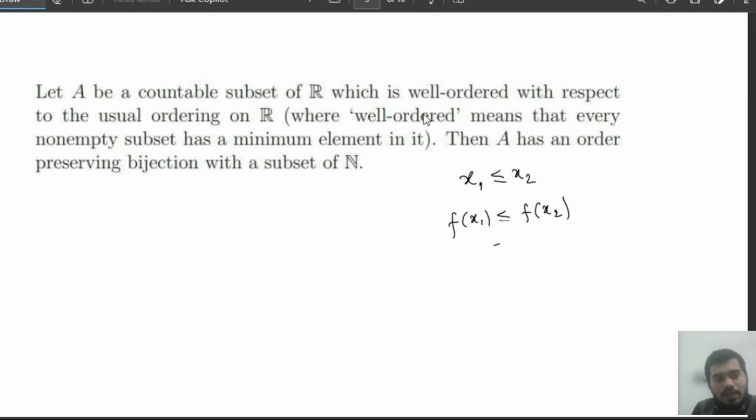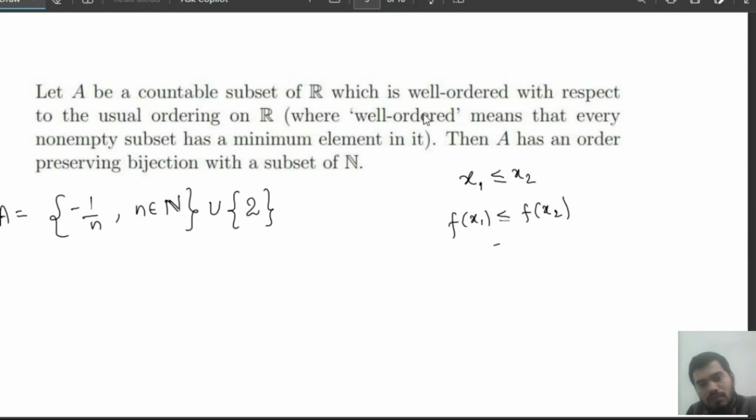How? Yes, let me define a set. Union 2. Okay. Now this is set A.